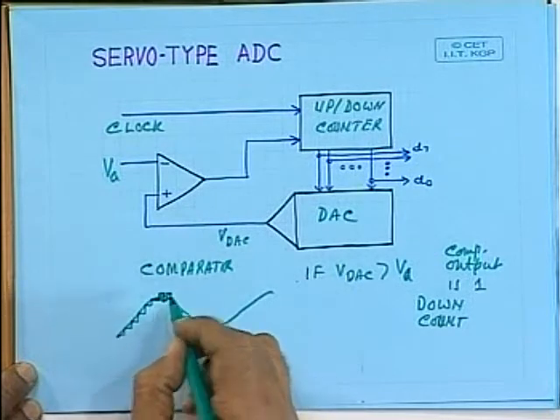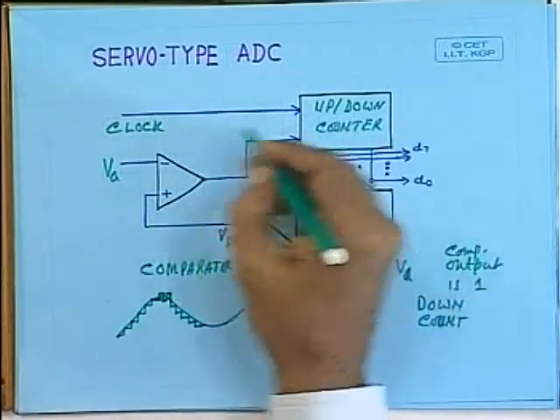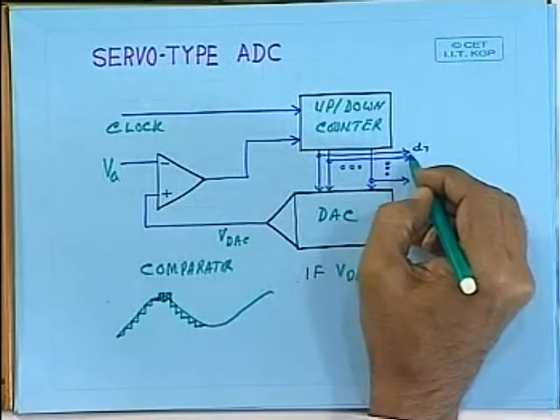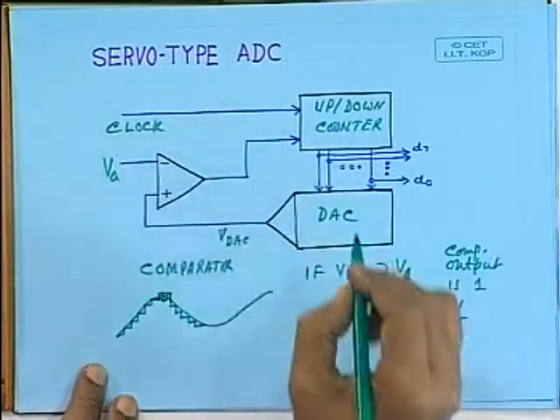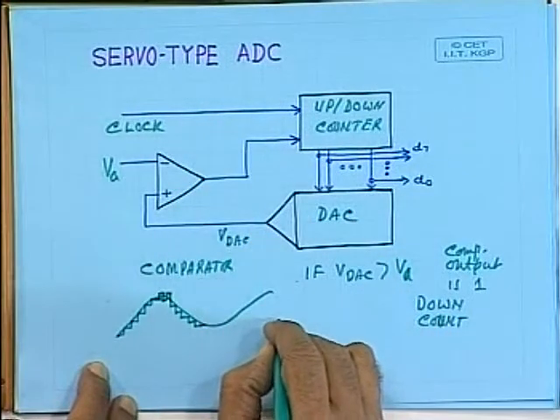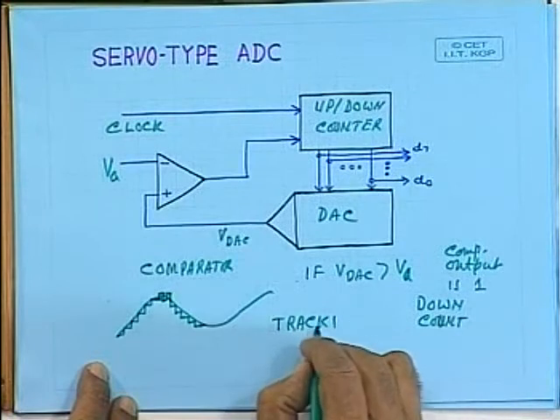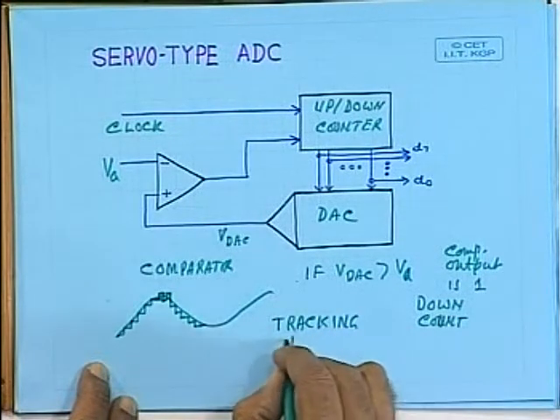So in this way it will keep tracking the analog voltage and you will get the corresponding digital value here. That's why the servo type AD converter is also known as tracking type ADC.